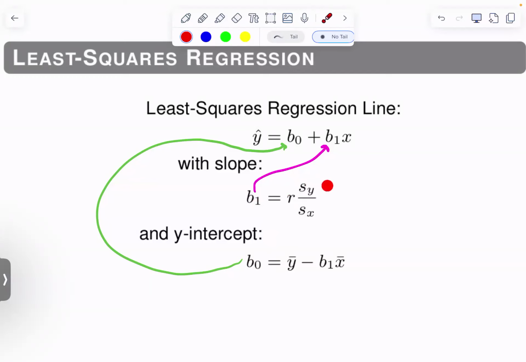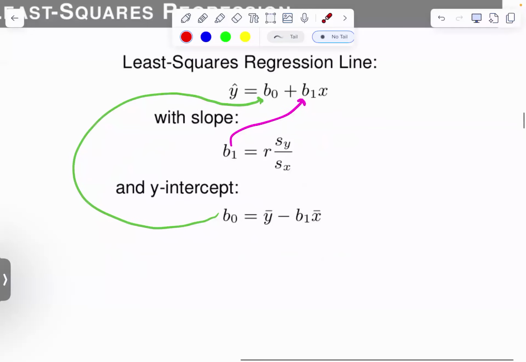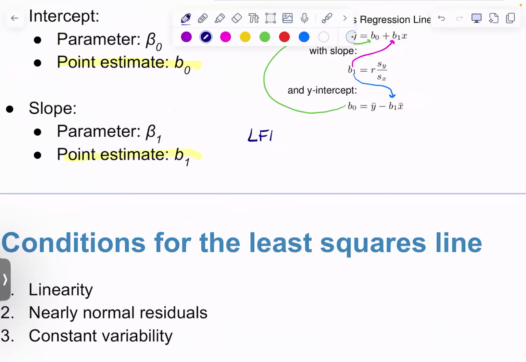We've already seen that in the formula for R. I need to give you the standard deviation of the X's, but we already had that from calculating R. Then we need to find the slope first, because then we use the slope that we found to find the intercept. As a fun fact, your least squares regression line will always pass through X bar, Y bar. So here's an LFF, a little fun fact.